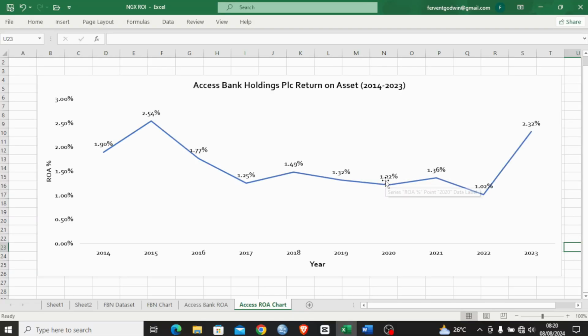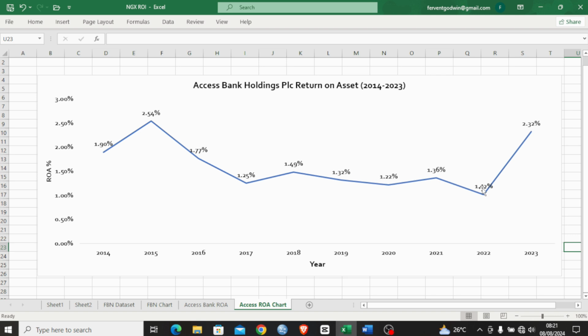I believe COVID-19 affected what they generated, and then we could see the aftermath of COVID-19 on the 2021 metric, and also even the 2022. I think the 2022 return on assets was the lowest they've experienced in the space of 10 years.